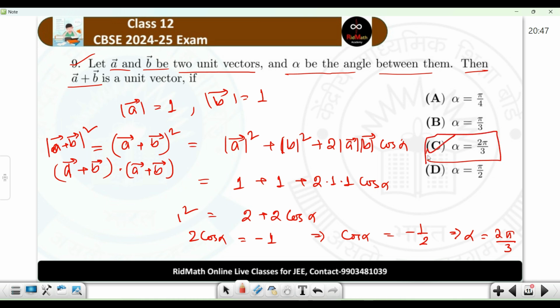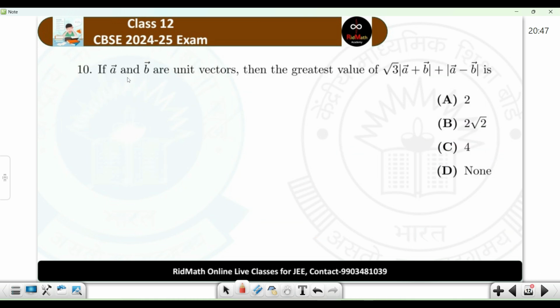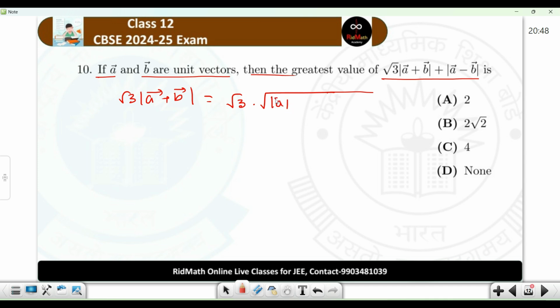Next problem, if a vector and b vector are two unit vectors, then the greatest value of this expression. So root 3 mod a vector plus b vector is equal to root 3 into root over mod a square plus mod b square plus 2 mod a mod b cos theta, where theta is the angle between a and b vector.